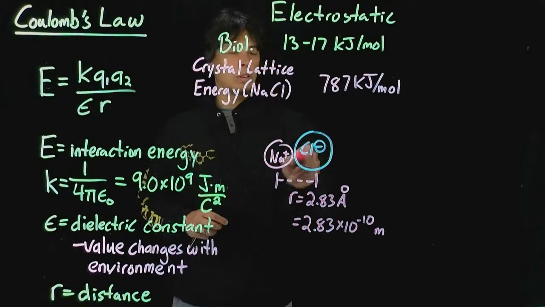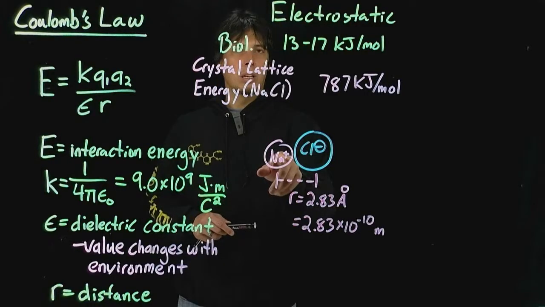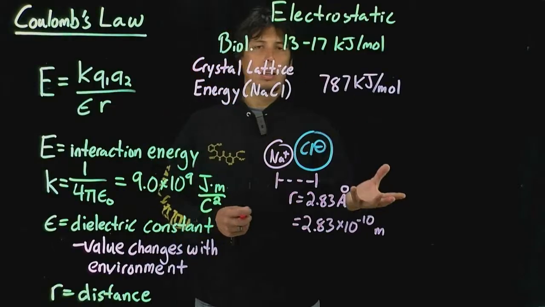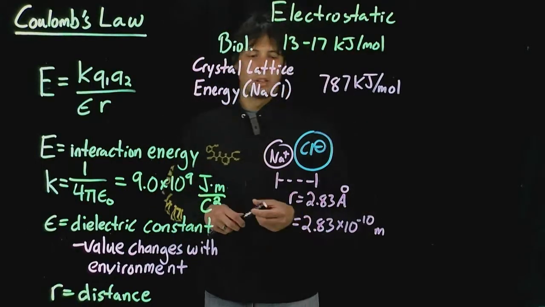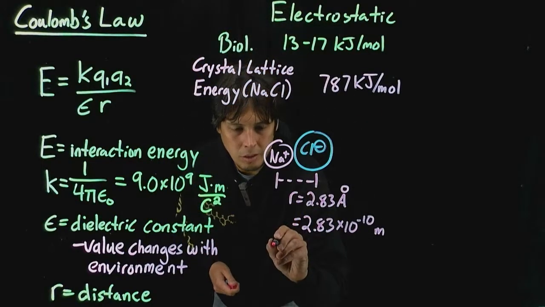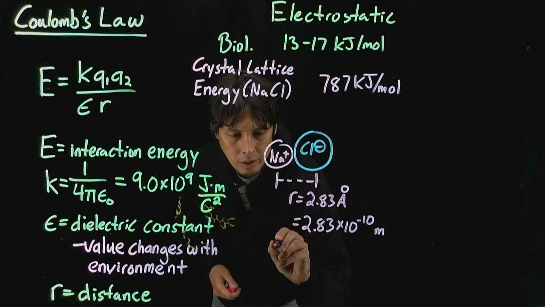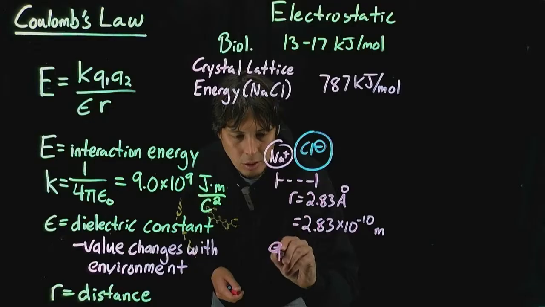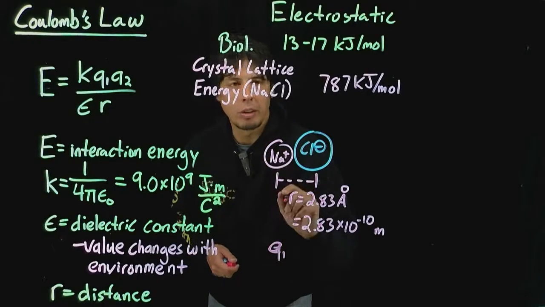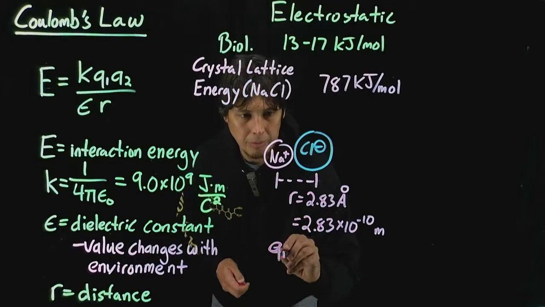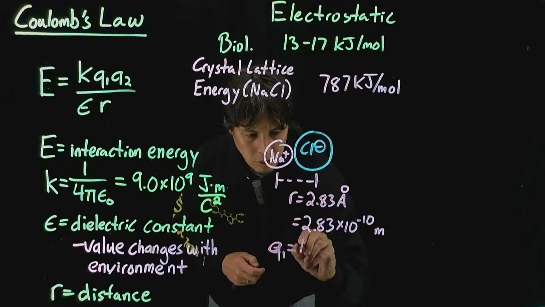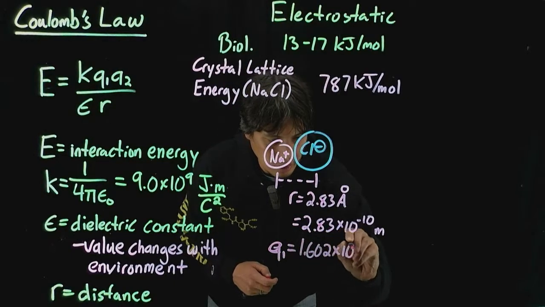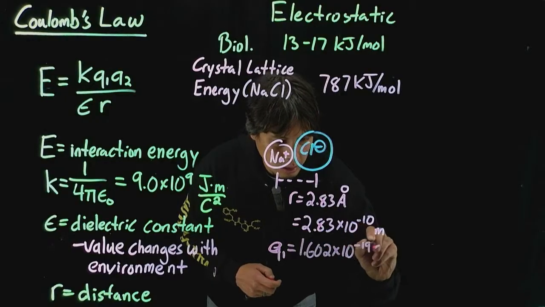The charge for this is going to be plus and minus 1, but we put that as the electric charge. So each charge is going to be multiplied by the charge of the electron. For instance, if we call Q1 the sodium ion, it is going to be 1.602 times 10 to the negative 19th coulombs.